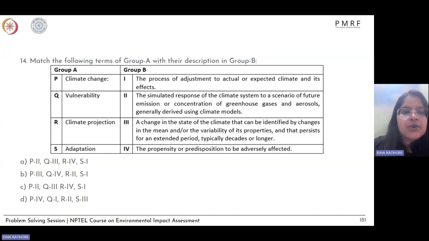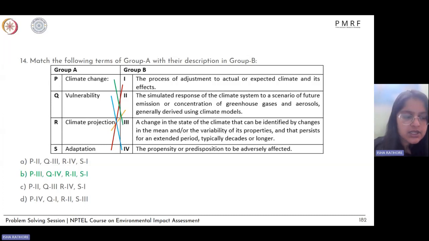Next question, match the following terms of group A with their description in group B. So in group A, we have climate change, vulnerability, climate projection, and adaptation. So the correct answer is B, that is climate change is a change in the state of climate that can be identified by changes in the mean and or variability of its properties, and that persists for an extended period, typically decades or longer.